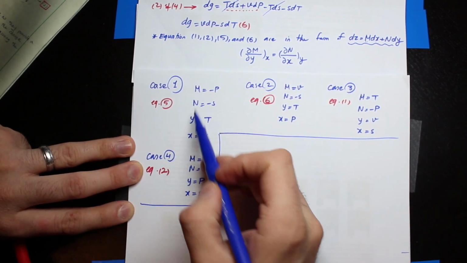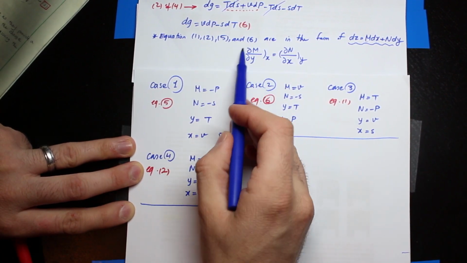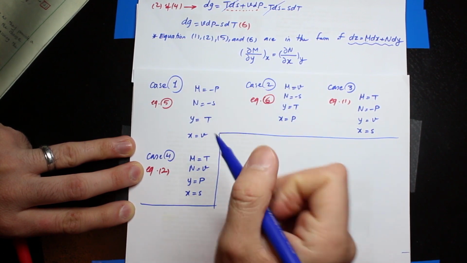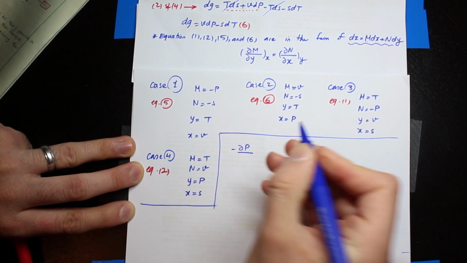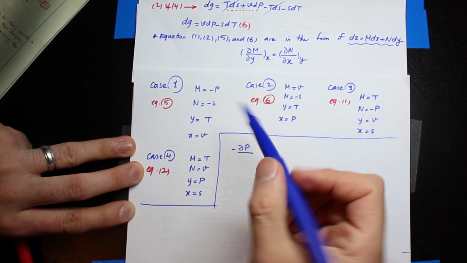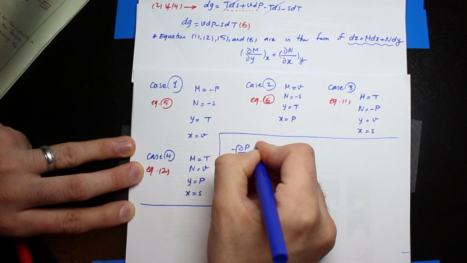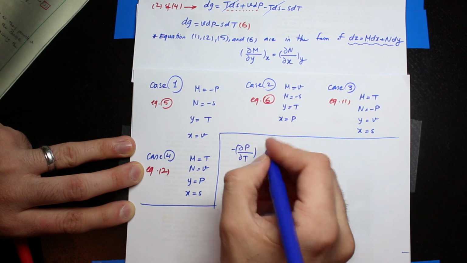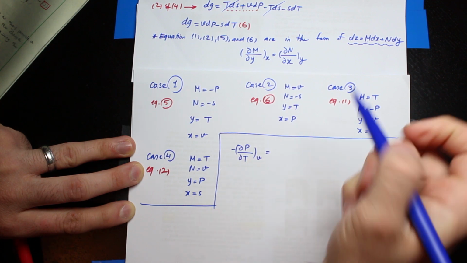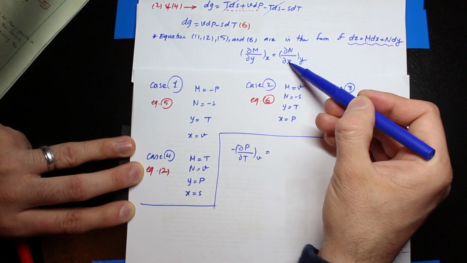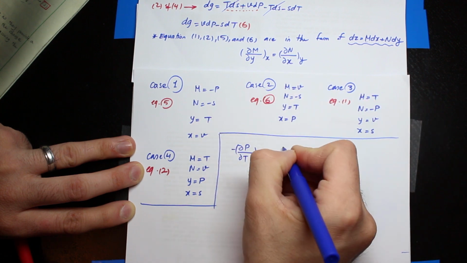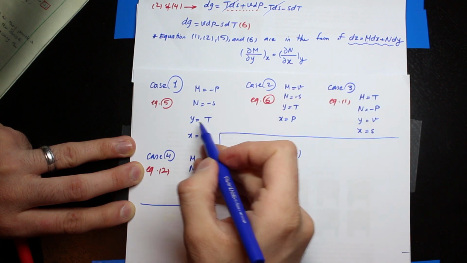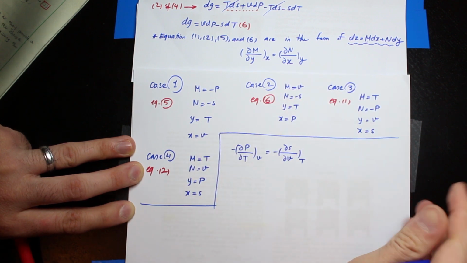If I do that, my case 1, so let's apply this equation into my case 1. In that case, partial m is going to be negative partial p over partial y is partial t, okay? And that is when x is constant and x here is when volume is constant, is equal to partial n over partial x, which is negative partial s over partial v when y is constant and y being the temperature.